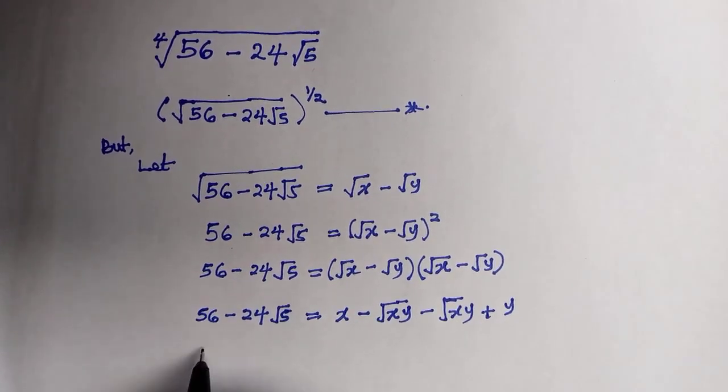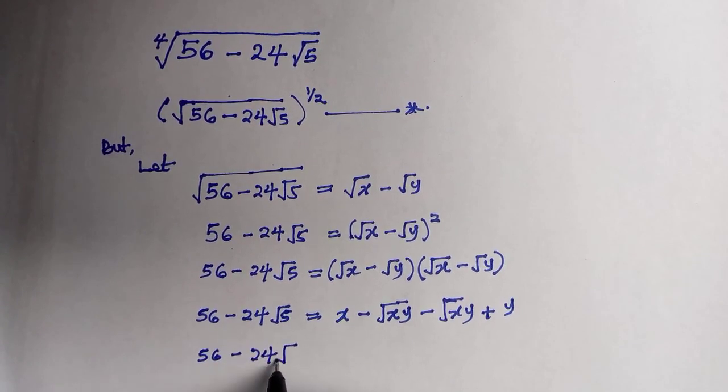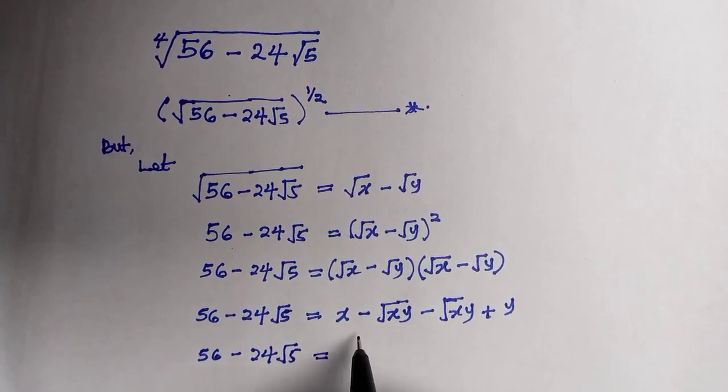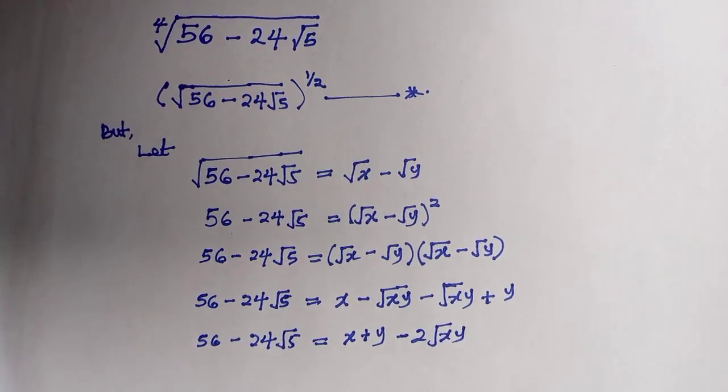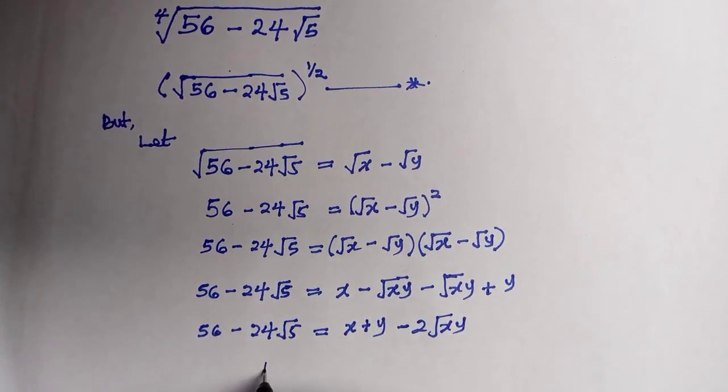So if you have the same root of xy, you take only one. So here we have x plus y, by grouping, minus 2 root of xy. So the next thing is by doing the comparison. So we are going to do comparison.